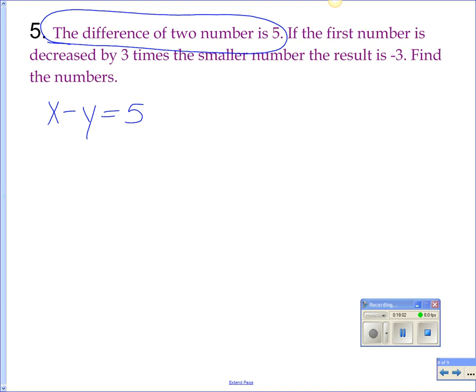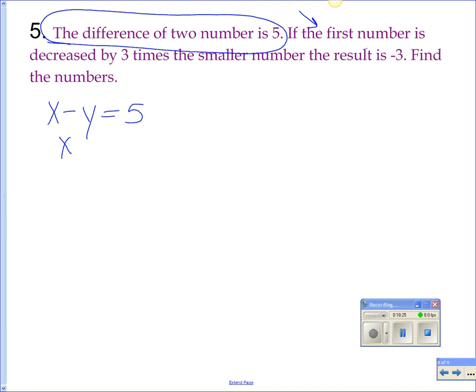Okay? All right, now I'm going to go here, and I'm going to do it in order. It says the first number, all right? And I know it says is right here, and that's a little confusing, but we're actually not going to put an equals there. The first number, what letter are we doing for the first number? X. It says it is decrease.